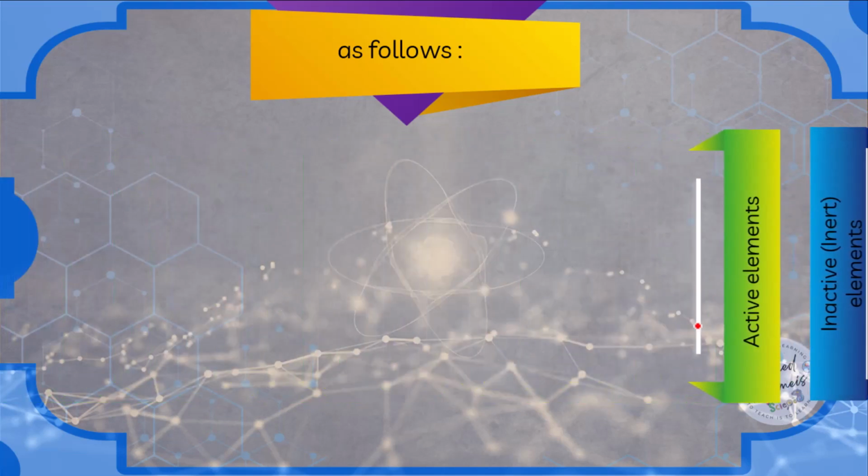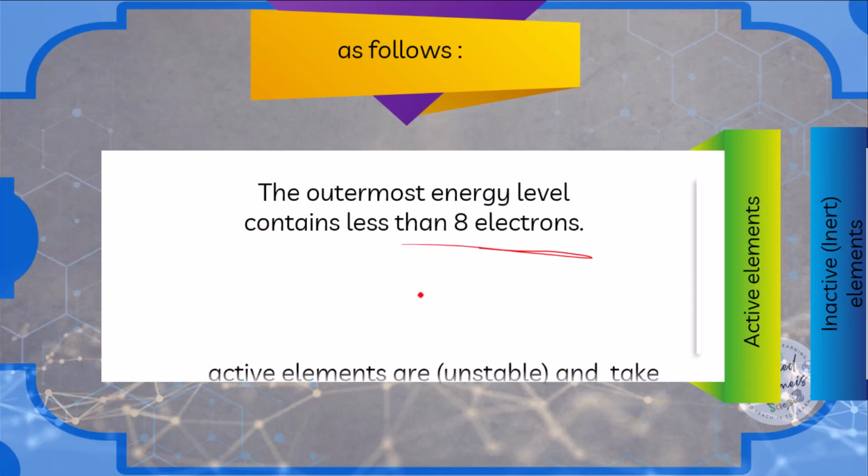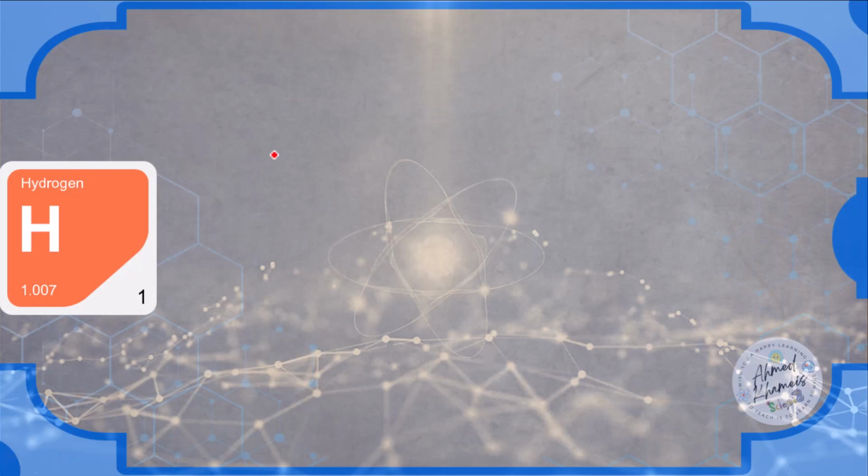But for the active elements, the outermost energy level contains less than 8 electrons, and they share and take part in chemical reactions to form a stable molecule. So hydrogen, K1, will be active because it has less than 2 electrons.